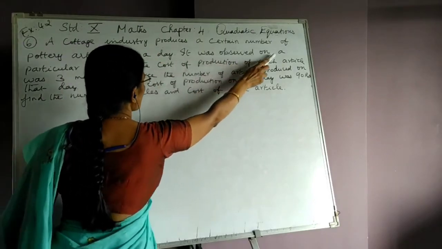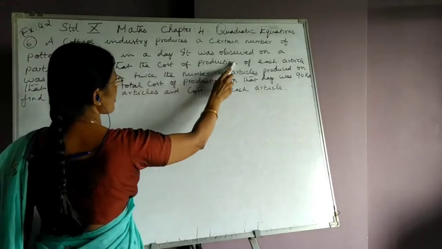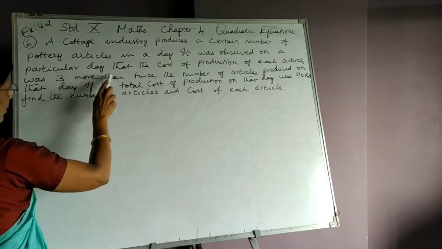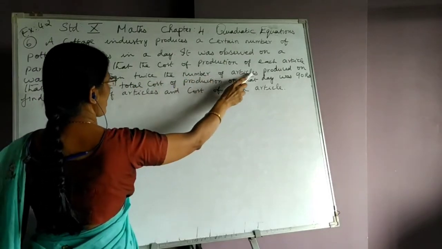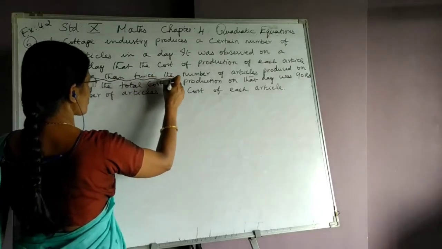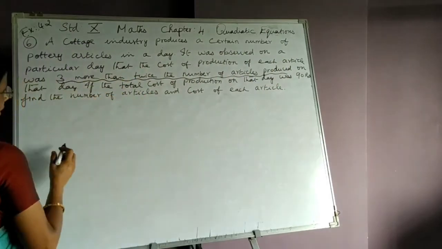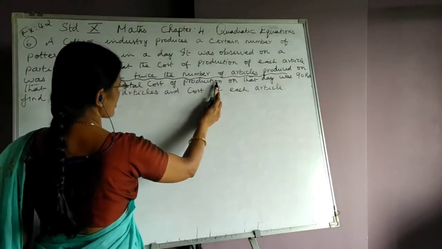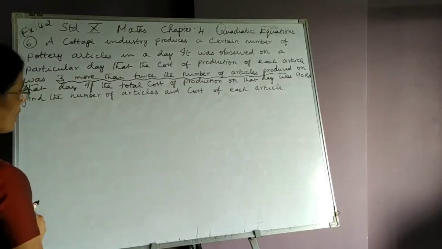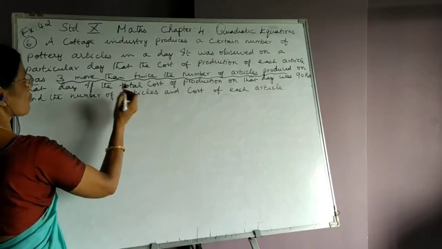It was observed on a particular day that the cost of production of each article was 3 more than twice the number of articles produced on that day. If the total cost of production on that day was 90 rupees, find the number of articles and the cost of each article.